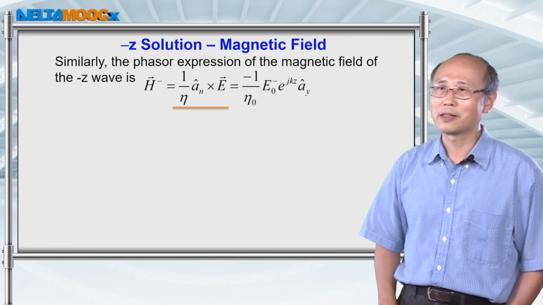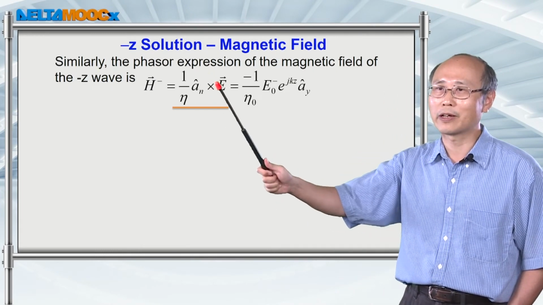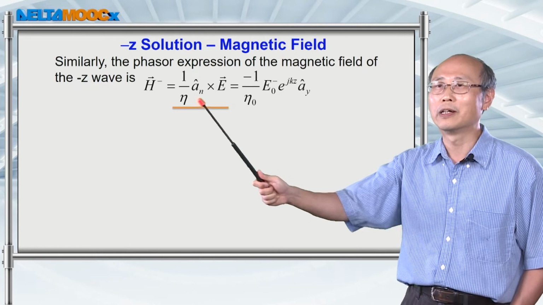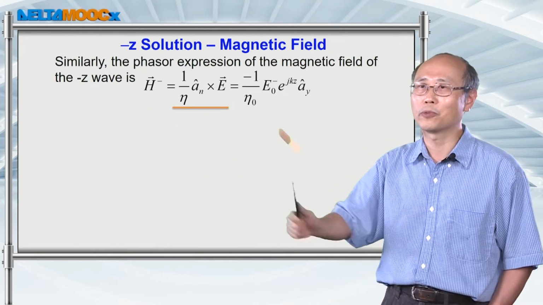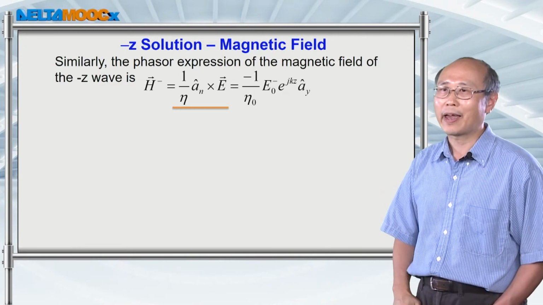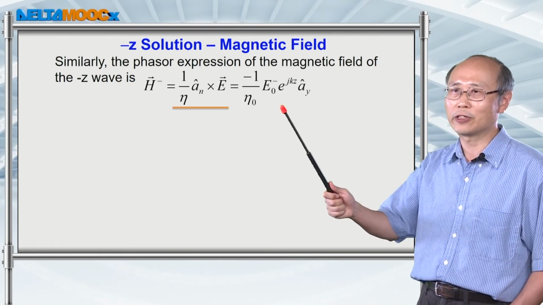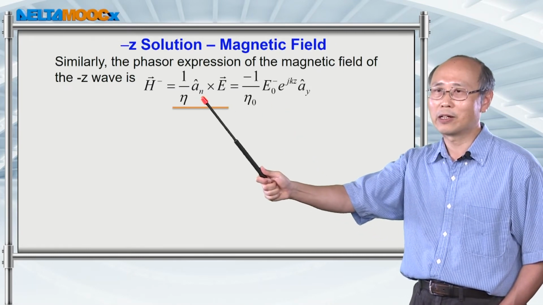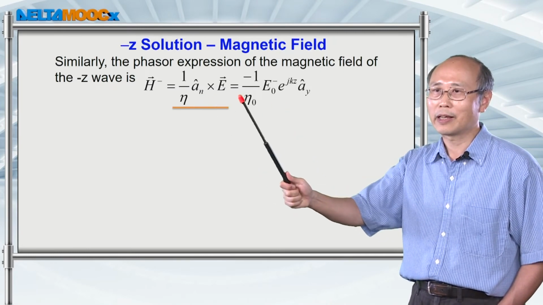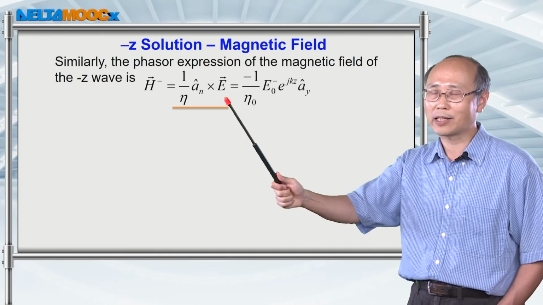And similarly, you can also use the solution of the electric field to calculate the magnetic field by using this formula we derived in lecture 5. And the result for the phasor field is just like this. But this time, this an is along minus z direction, and this electric field is still along x direction.